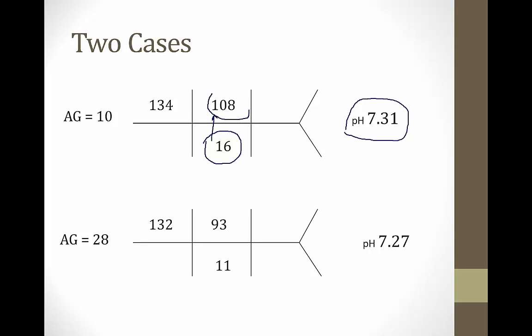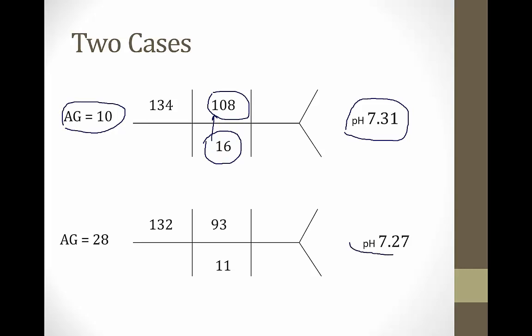This chloride is 108, which is increased. Normal is 95 to 105. So I already know that most likely this is a non-anion gap metabolic acidosis because the chloride level is high. We can go ahead and calculate the anion gap. It's 134 minus 108 minus 16, which is 10, and that's normal. But we already had a pretty good idea this was going to be normal because the chloride was up.